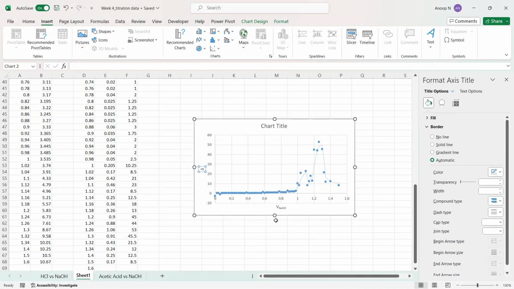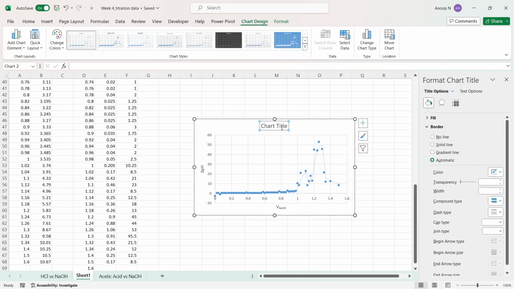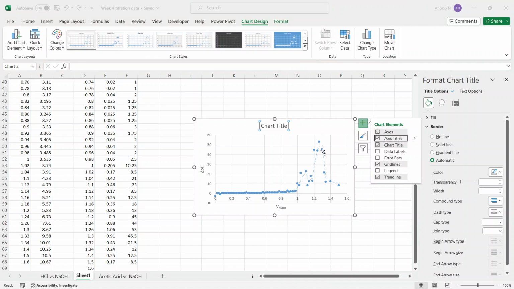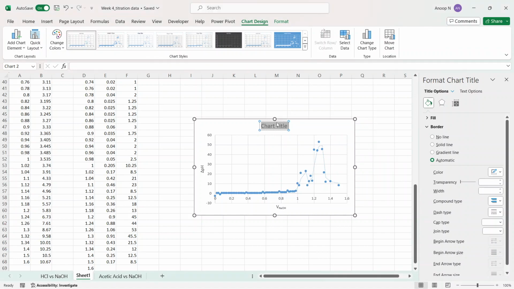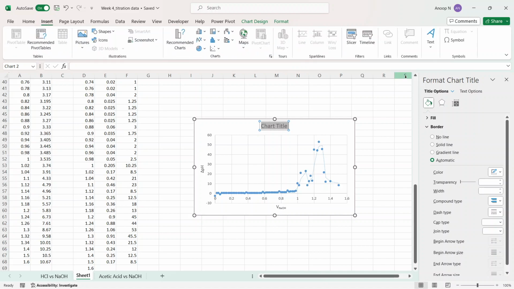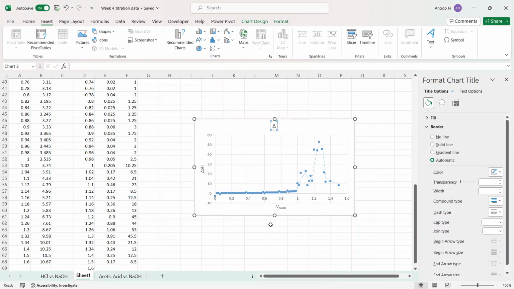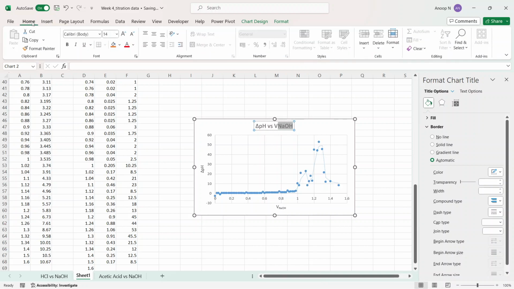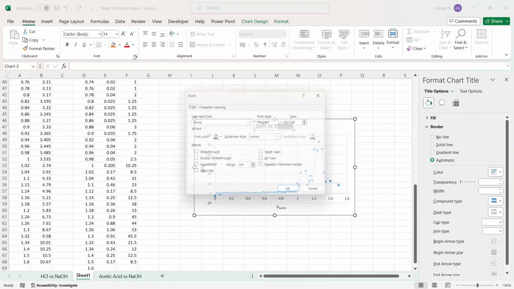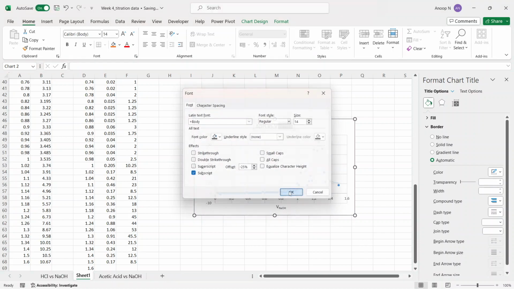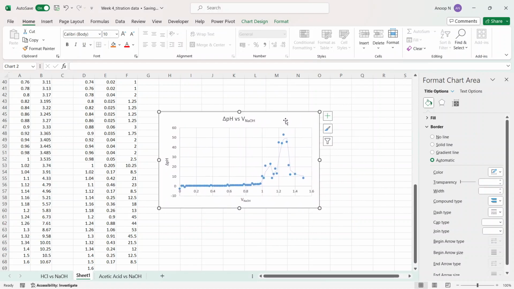Delta pH. So we'll write delta pH. Then we'll edit the chart title as well: insert, symbols, delta. Most of you will know that. If someone has any doubt, I'll show it: pH versus V NaOH, with subscripts. Okay. So we have the plot of delta pH versus VNaOH.